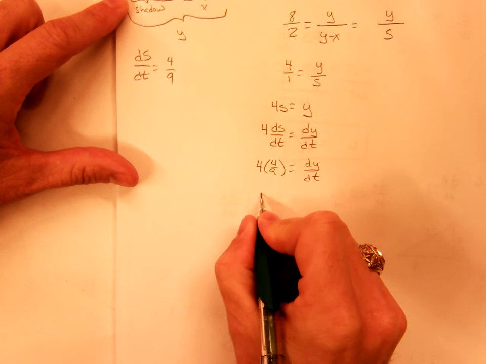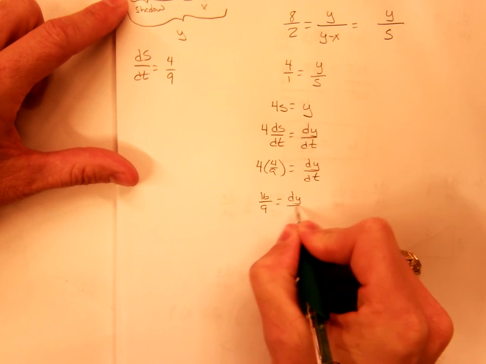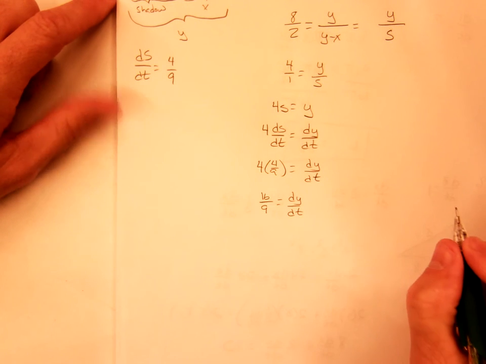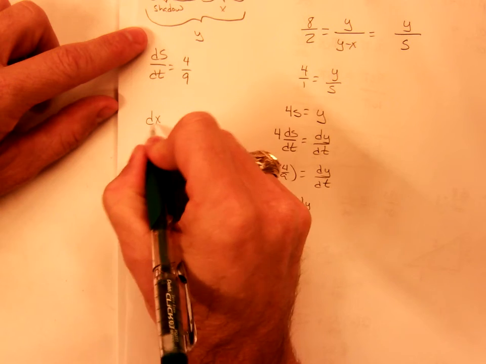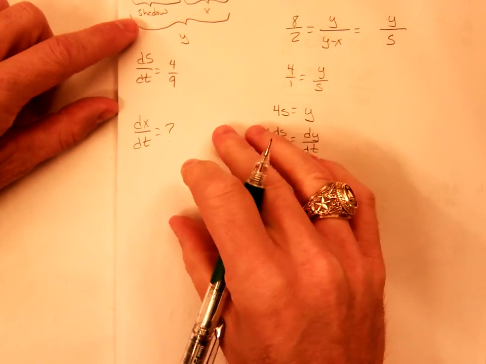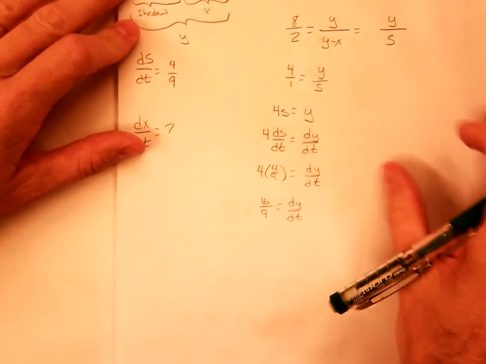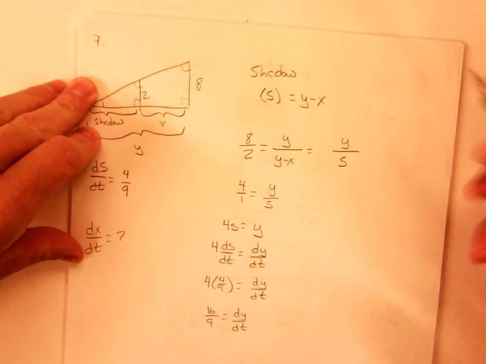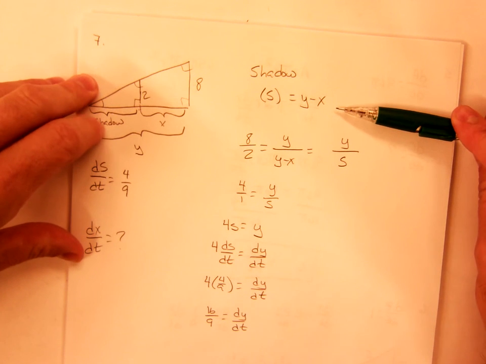That's great, right? The problem is I'm not looking for dY/dt. What am I looking for? I'm looking for dX/dt. So I need another equation. Do I have another equation? Yes. What's the equation that I have?